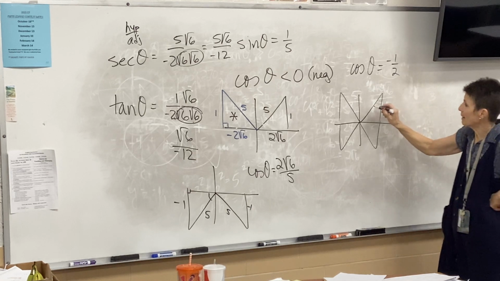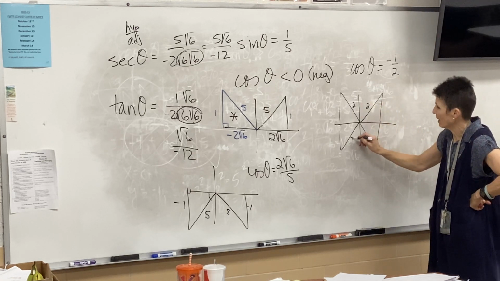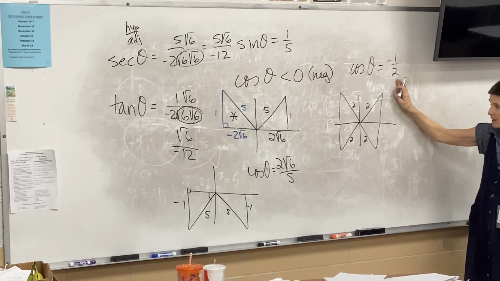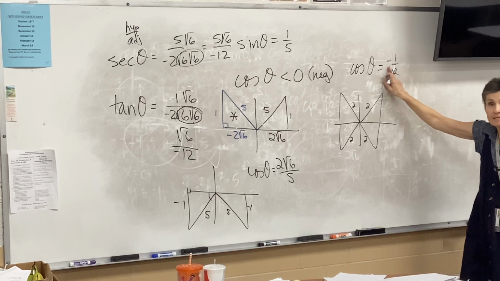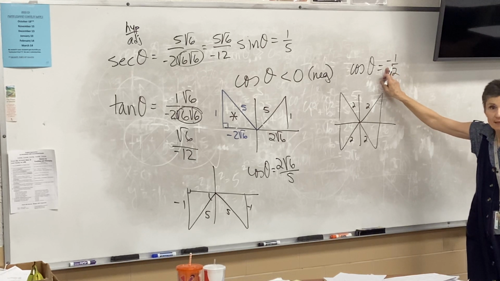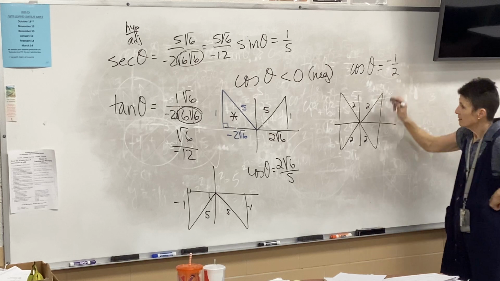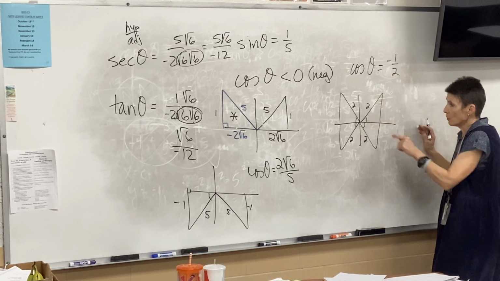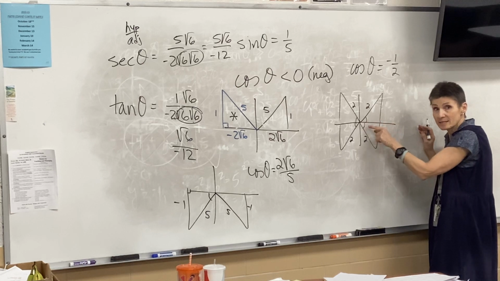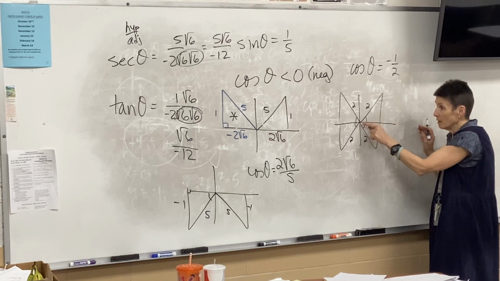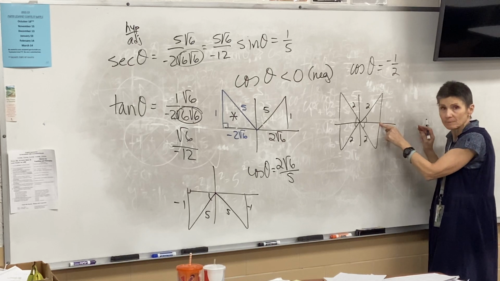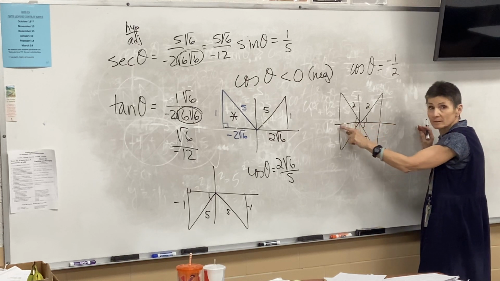Now remember, hypotenuse is always going to be positive. Hypotenuse is always positive, so that works everywhere. But where will the adjacent side be negative? Now remember, this is your angle right here. So isn't this the adjacent side? Well, on this side, the adjacent side would not be negative. But what about over here?